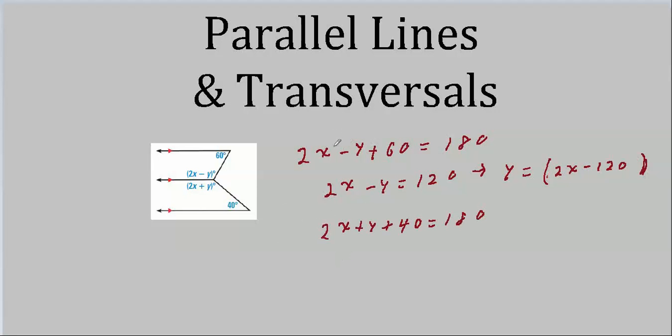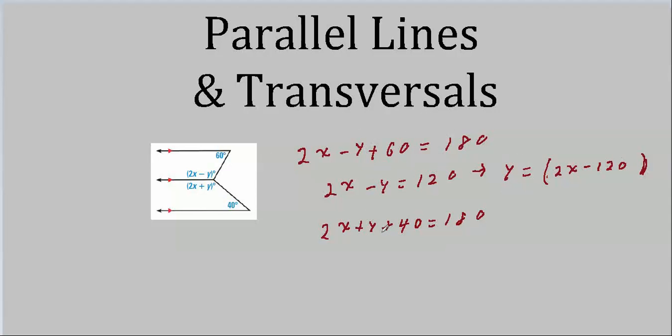I wrote 2x plus y for the first equation. And the first equation is 2x minus y. That's obviously a minus sign there. I don't know what my eyeballs were looking at. So that works out to 2x minus y equals 120, and y equals 2x minus 120. Okay, so now this part's right. Let's get back to this here.